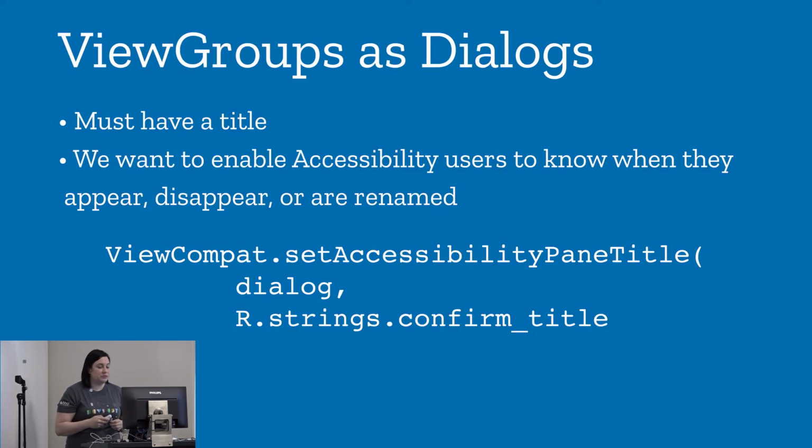So for example, sometimes we use a custom dialogue with a specific title instead of the alert dialogue or some other Android dialogue. And we actually need to, in terms of the accessibility services, announce on the screen reader that the dialogue is popping up, what the title is, and also to announce when it closes. So we can use the set accessibility pane title function to convey that to the user.